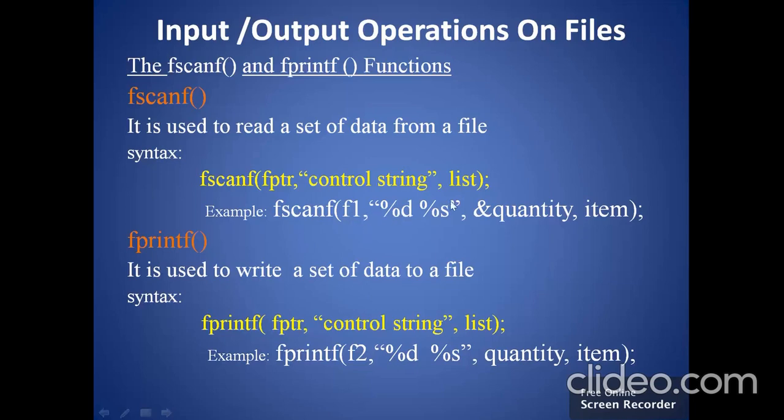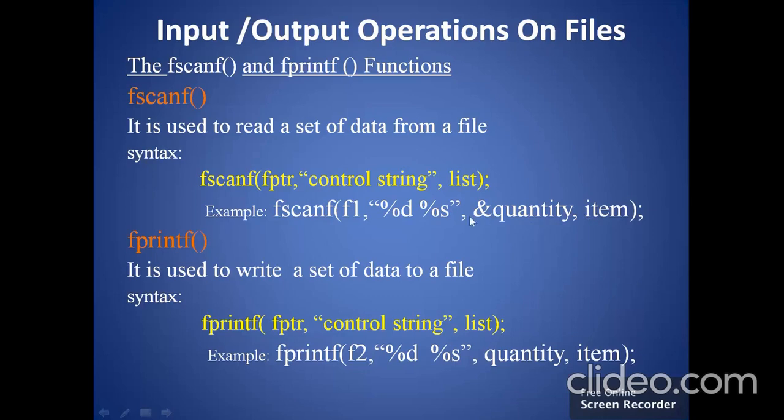Then inside the double quotes we will have two fields, one is %d, another is %s. Here d indicates integer data, and s indicates a string of characters. Then ampersand quantity indicates the address location of the variable quantity. Then item indicates the address location of the string item.